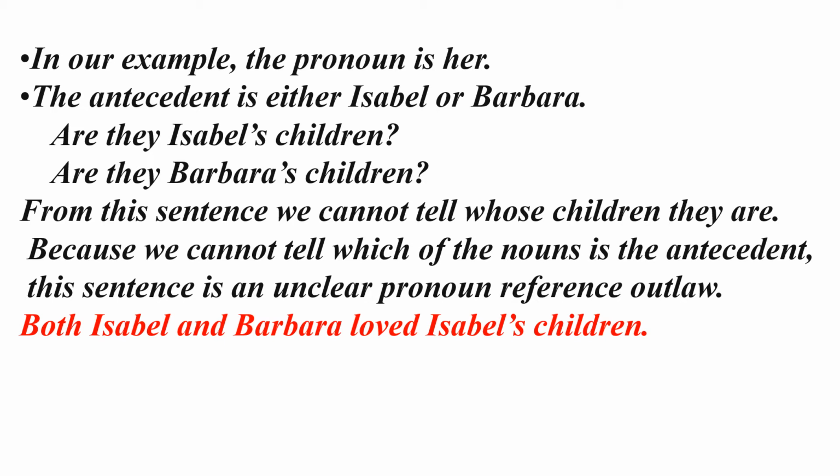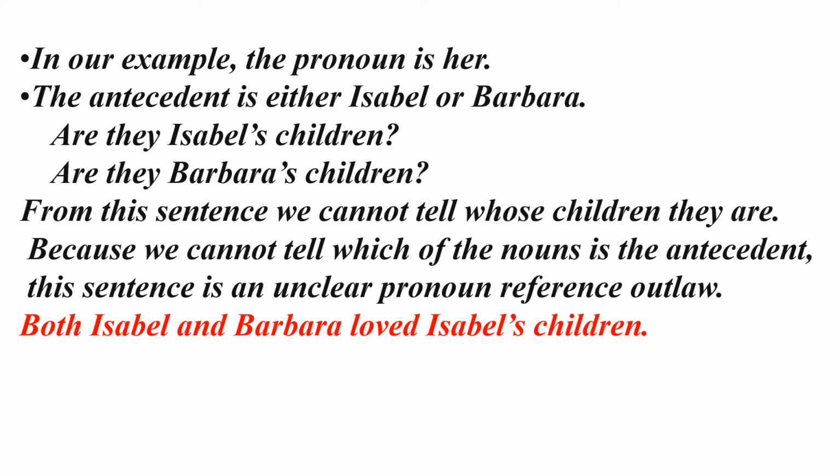So, if we want to get the sense or the meaning of the sentence, we have to rewrite it this way: both Isabel and Barbara loved Isabel's children. It makes the sentence clear that they are Isabel's children. There is no way to use her here.